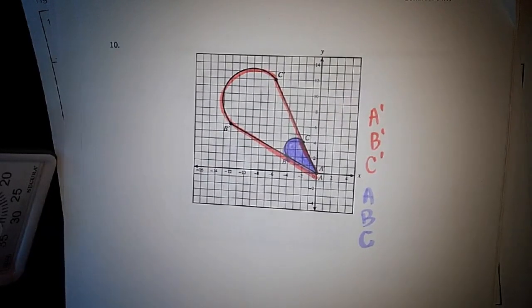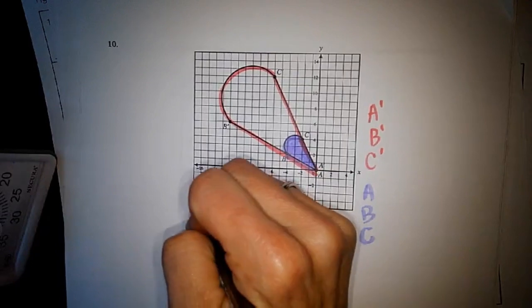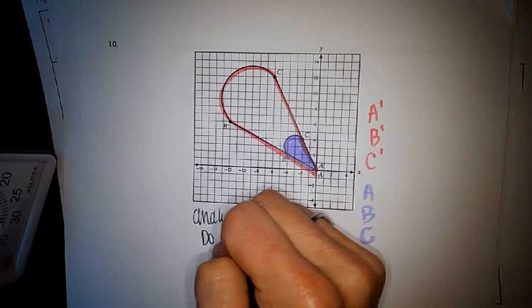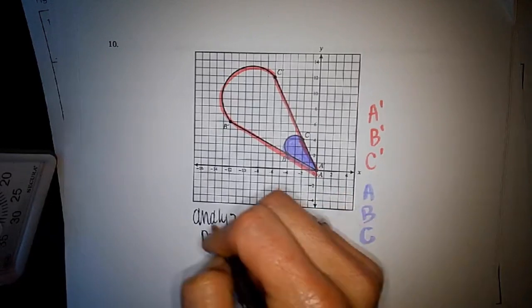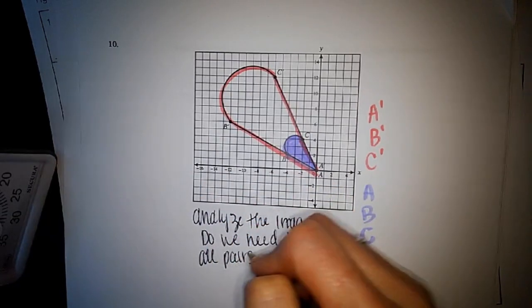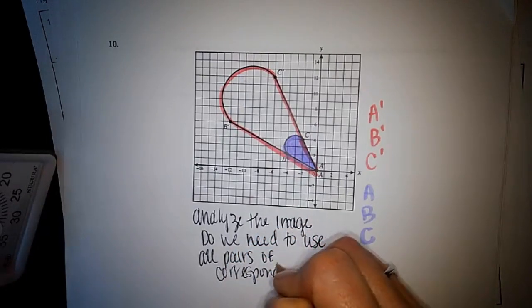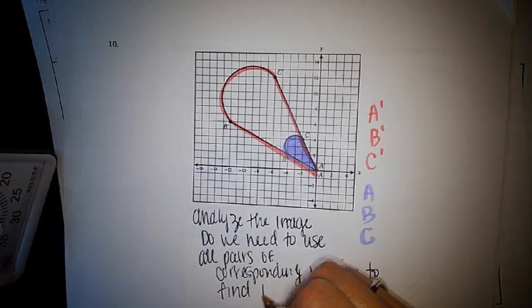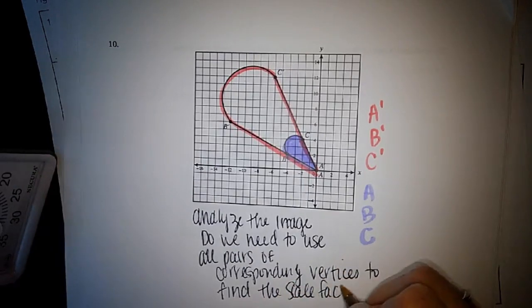Do we need to use all pairs of corresponding vertices to find the scale factor? Explain your reasoning.